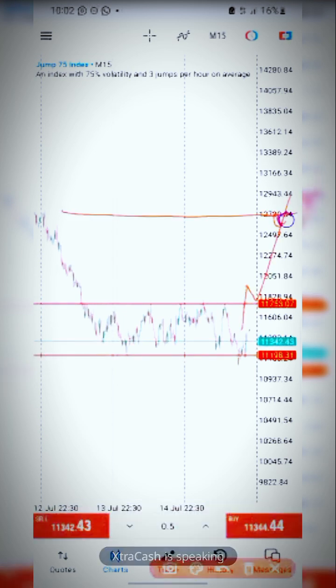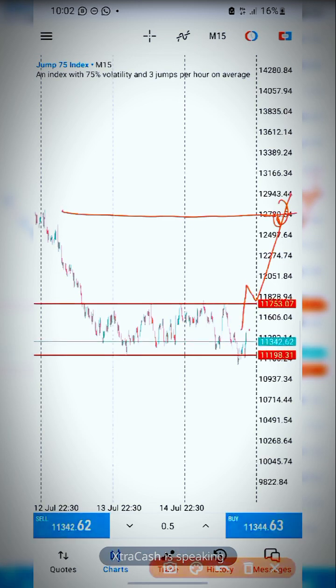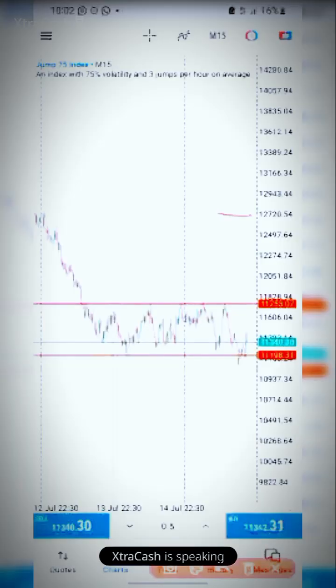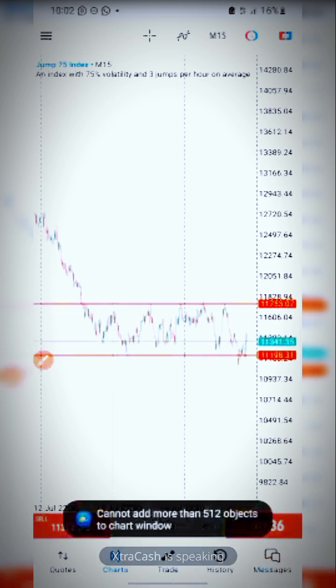The take profit will be here around 12720.54. That's where the take profit will be if it is buying. Okay, that's where it will be.